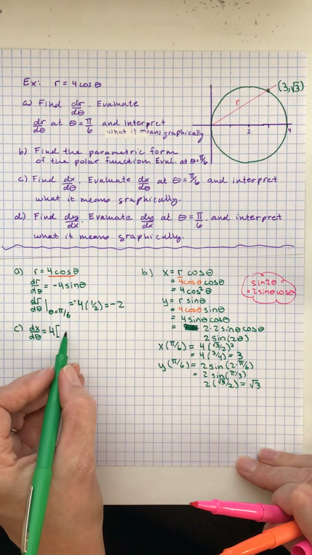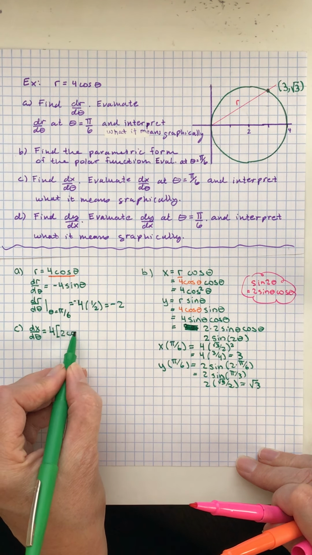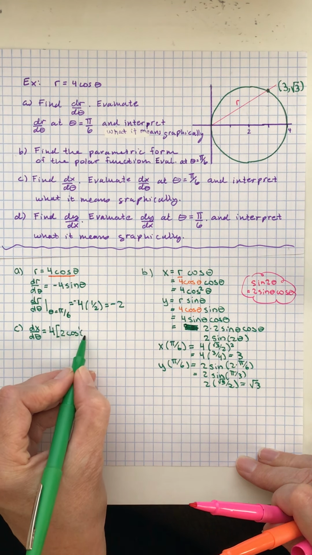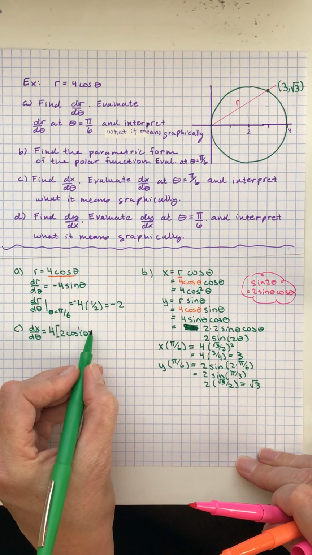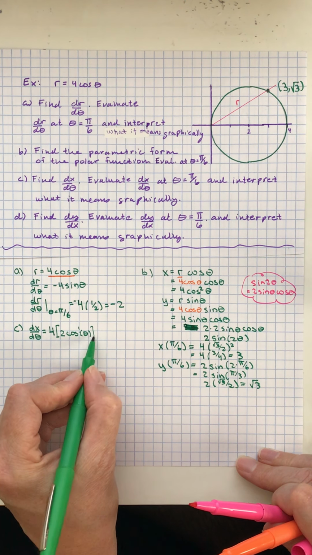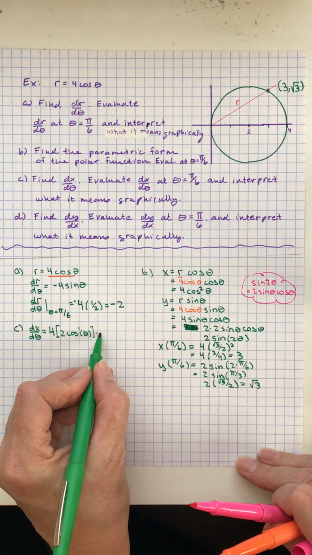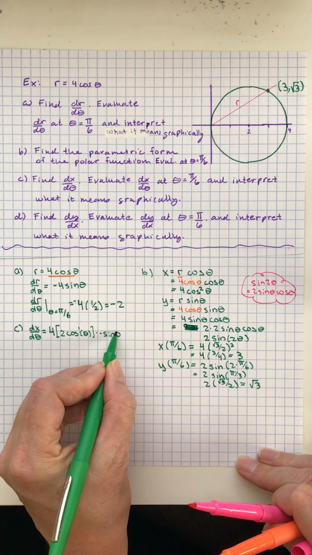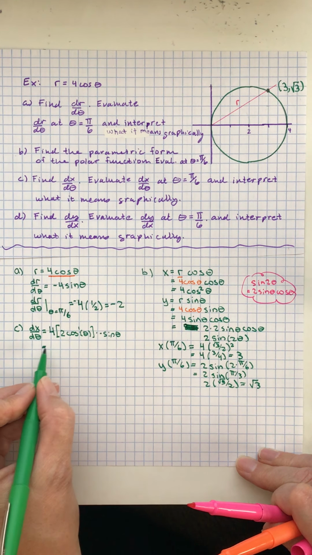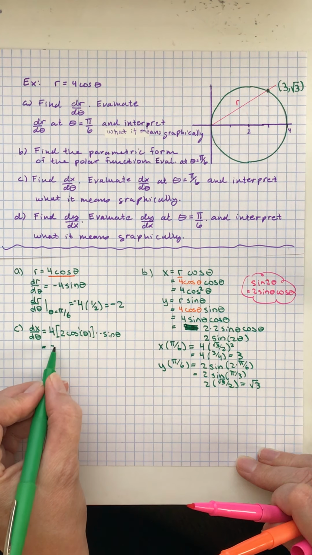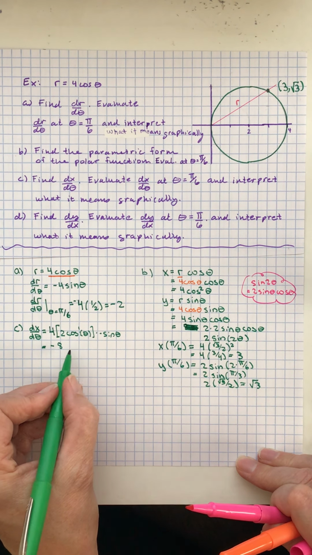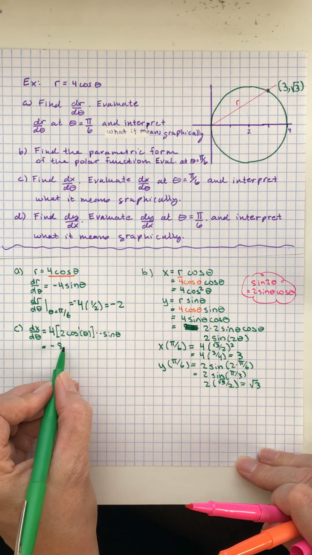The 2 will come down in front, to the first power, and then multiply that by the derivative of cosine theta, which would be negative sine theta. And so that becomes negative 8 sine theta cosine theta.